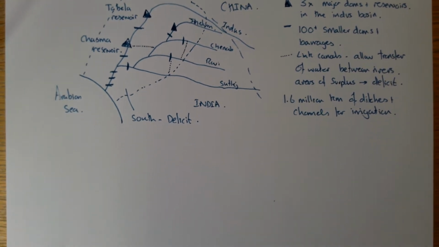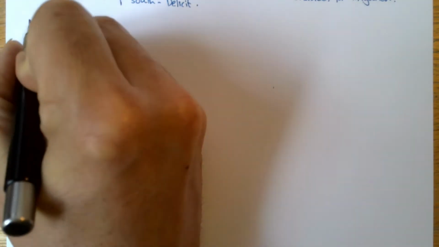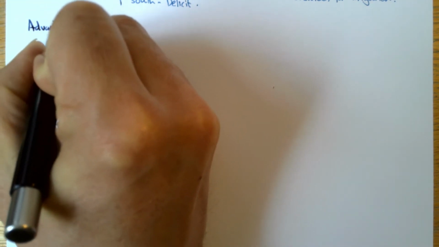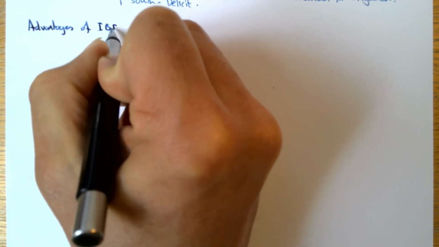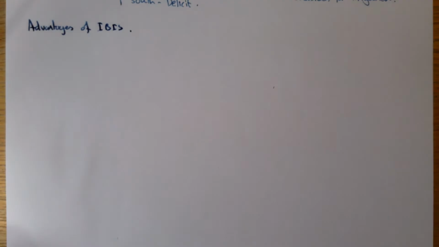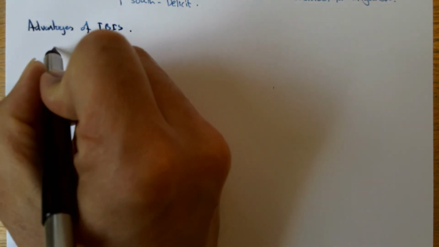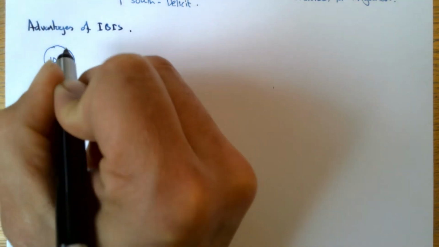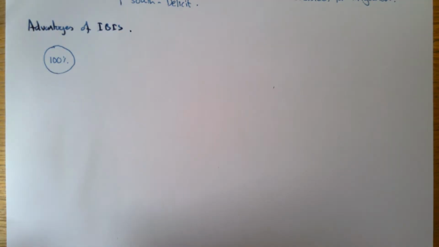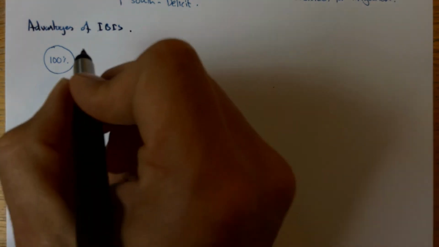So, moving the page up, and we have advantages of IBIS. We're going to start with looking at the fact that this was the area that was under cultivation or growing crops beforehand.